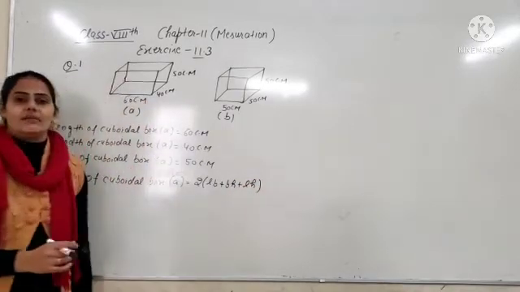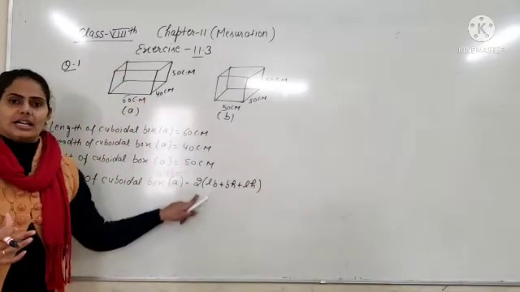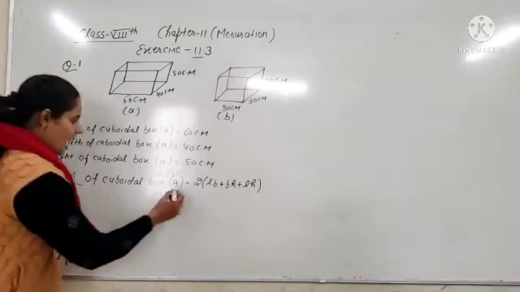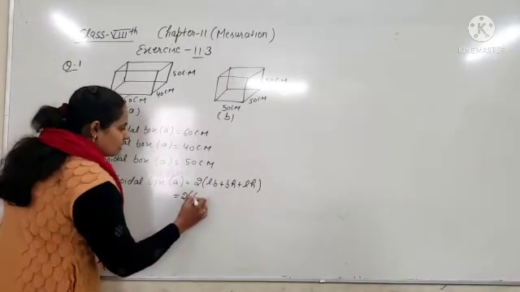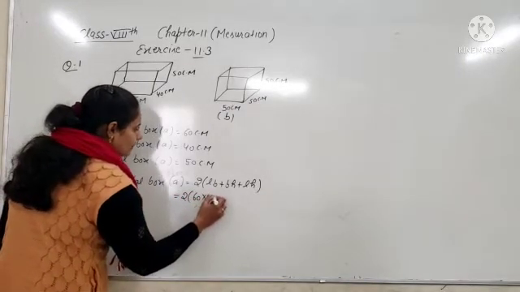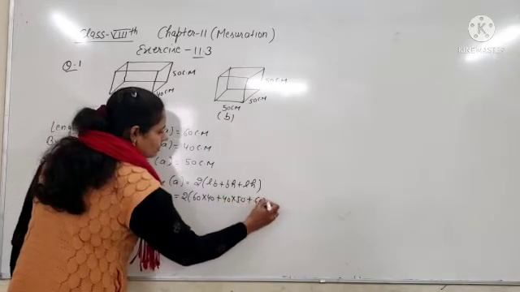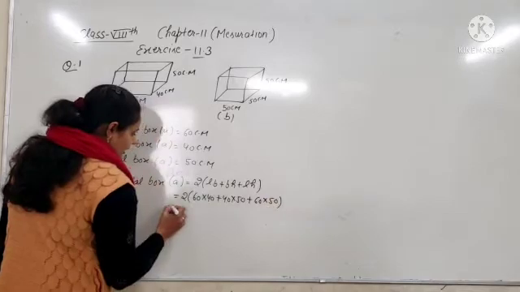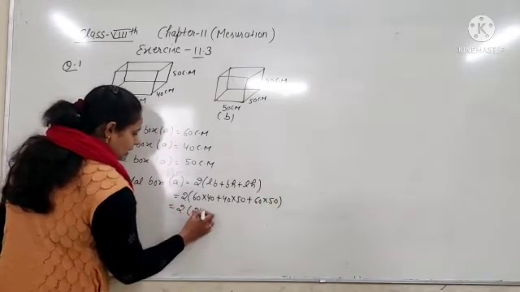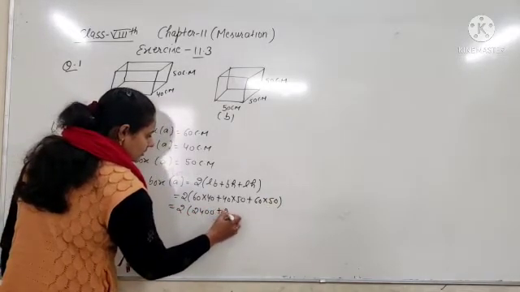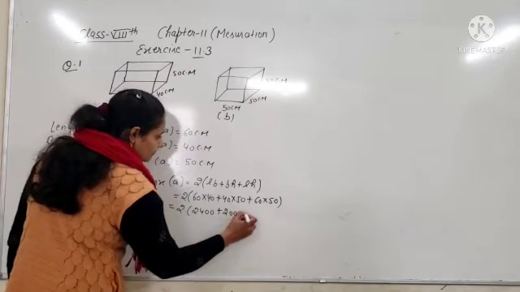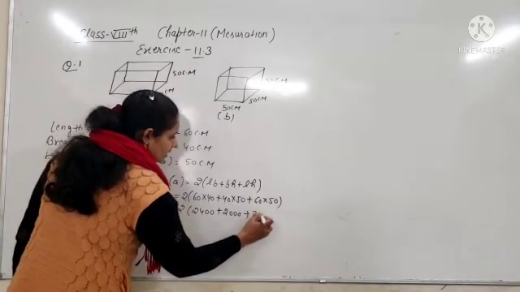And what is the meaning of LB, BH and LH? L for length, B for breadth and H for height. So 2 into (60 into 40 plus 40 into 50 plus 60 into 50). Clear? Now 2 into (2400 plus 2000 plus 3000).